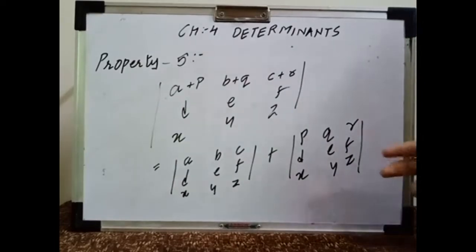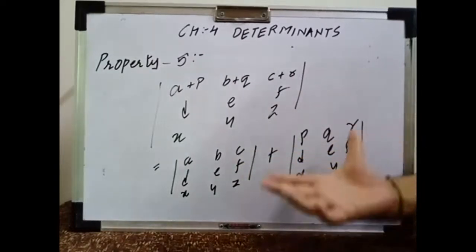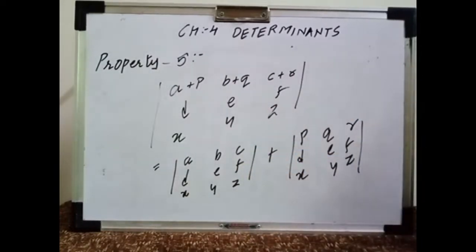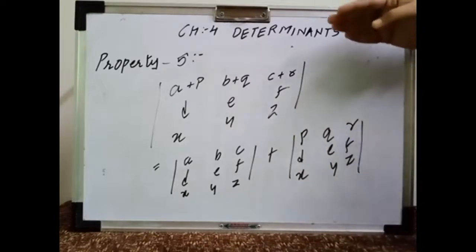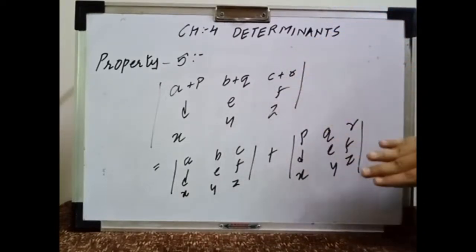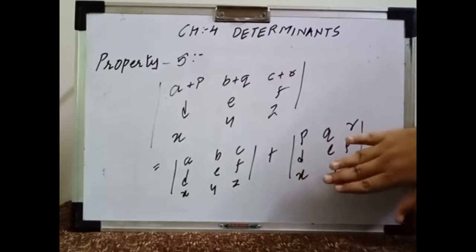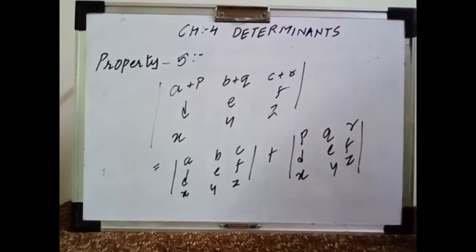If two determinants have two rows the same, then you can add the third corresponding row, and the answer will be this. It means you can go from left hand side to right hand side, and you can also go from right hand side to left hand side. Both are possible.